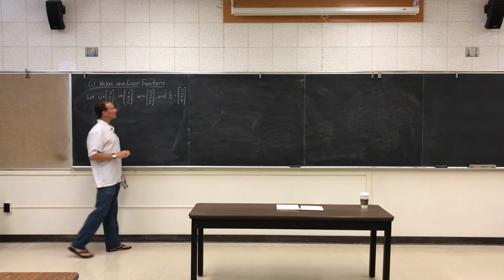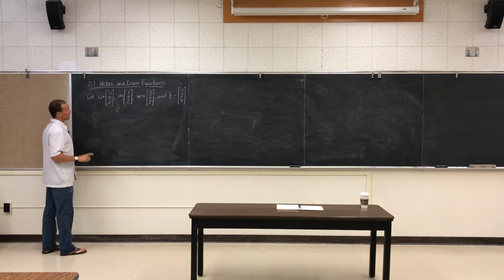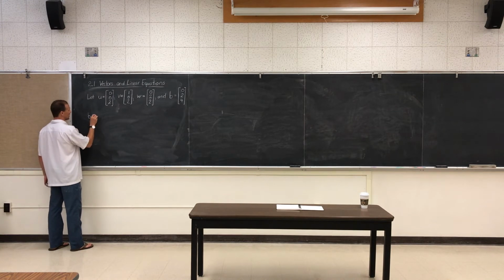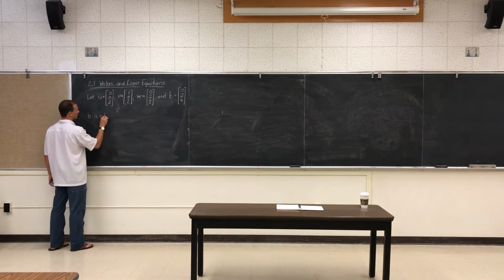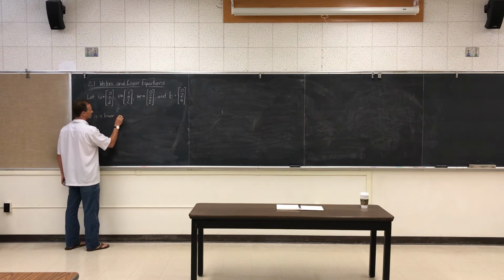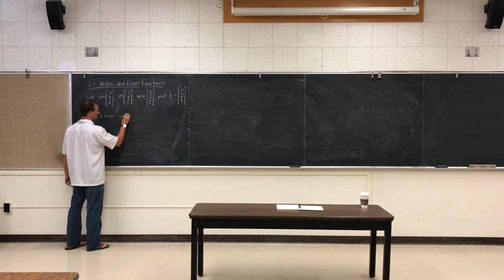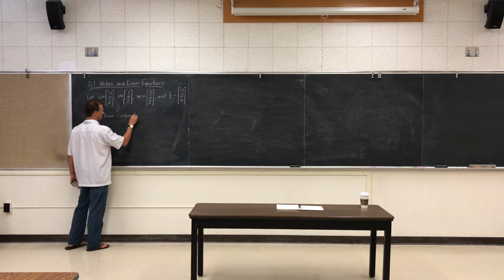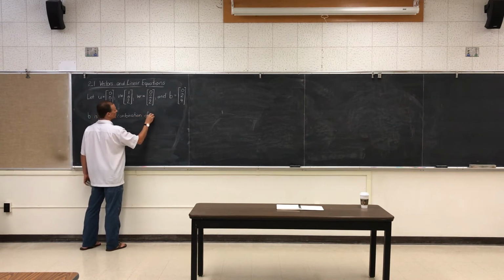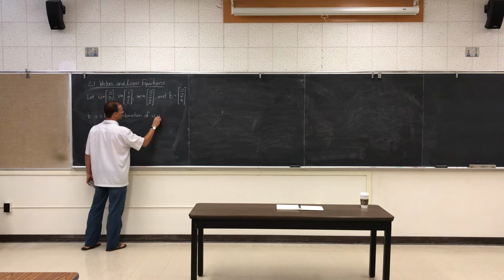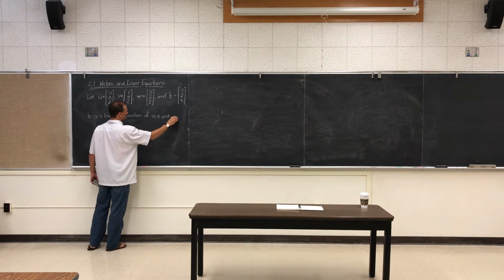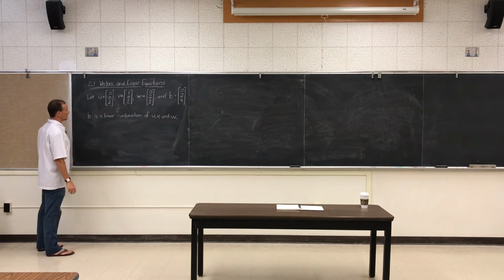There we are. If you remember what this means, this means that vector B is a linear combination of U, V, and W. So we can write this.